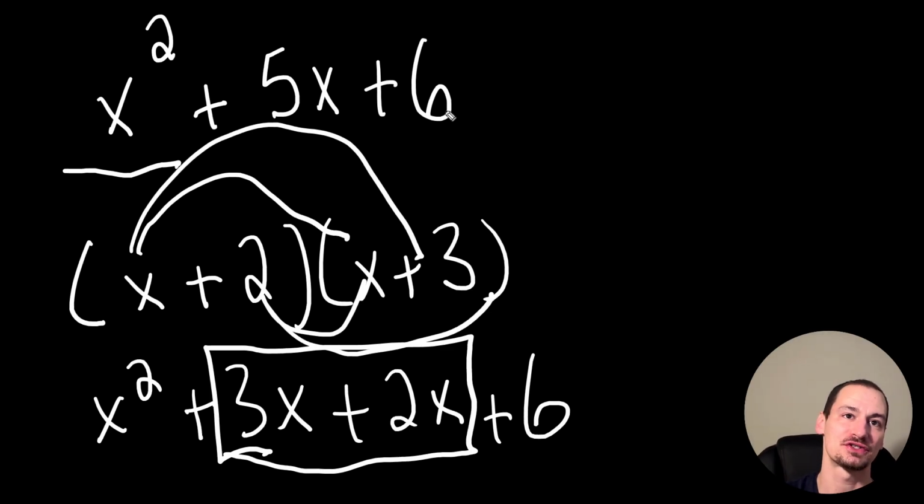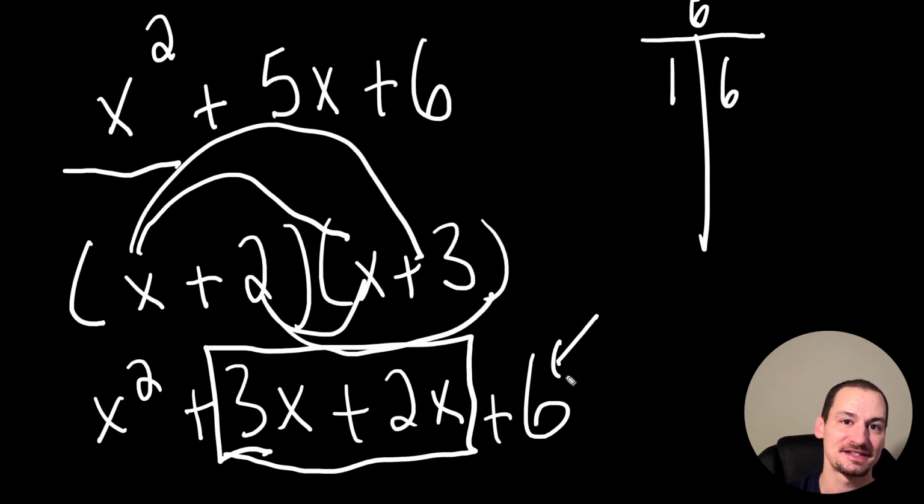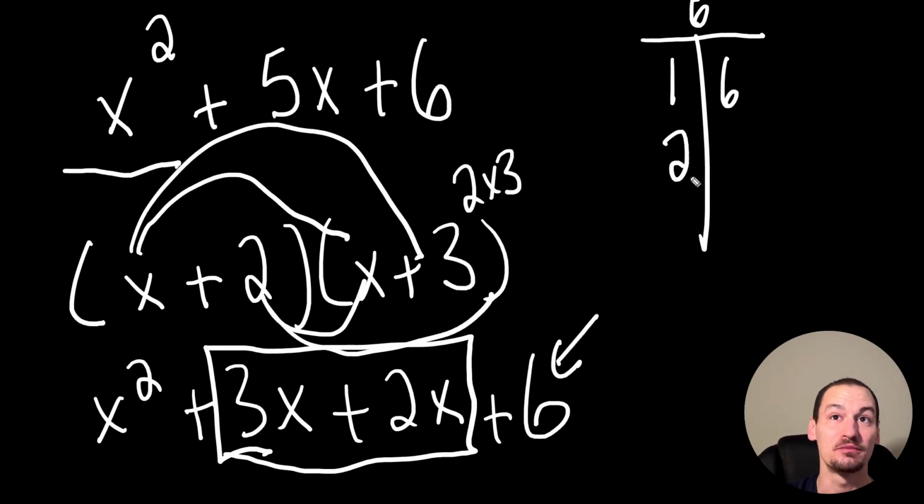And then, of course, if you're doing this the other way, you need to make a t-chart that lists all the factors of 6, because this number came from multiplying the 2 times 3. So if you're trying to reverse engineer this, you need to know what multiplies to make 6. Your options here are 1 and 6 and 2 and 3.